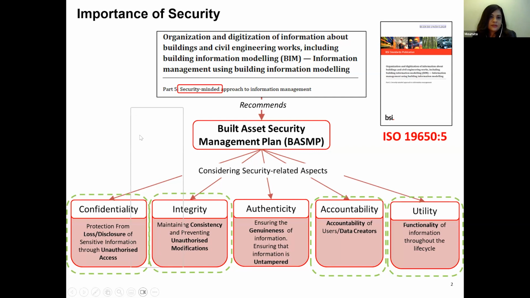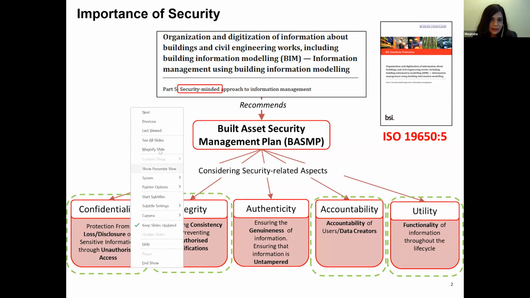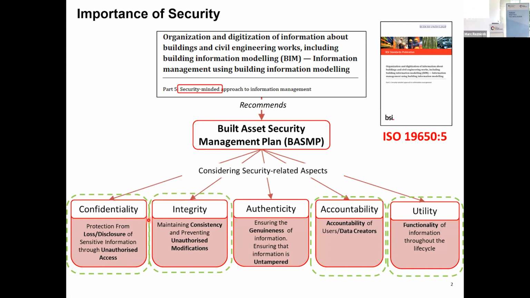So all these terms stated by ISO 19650 are kind of self-explanatory, like confidentiality of information, because a lot of sensitive information is present in industry data, integrity, and so on.